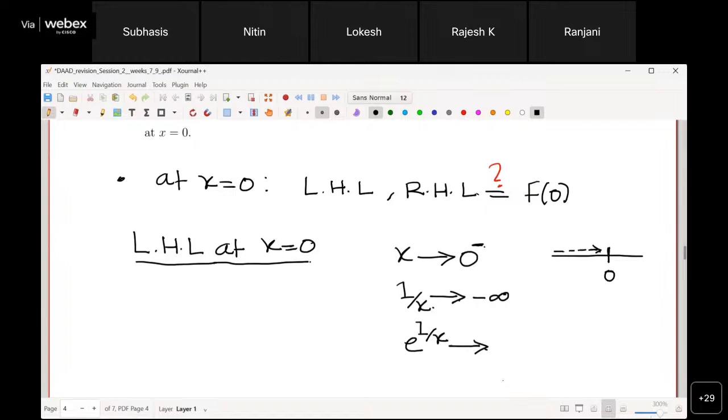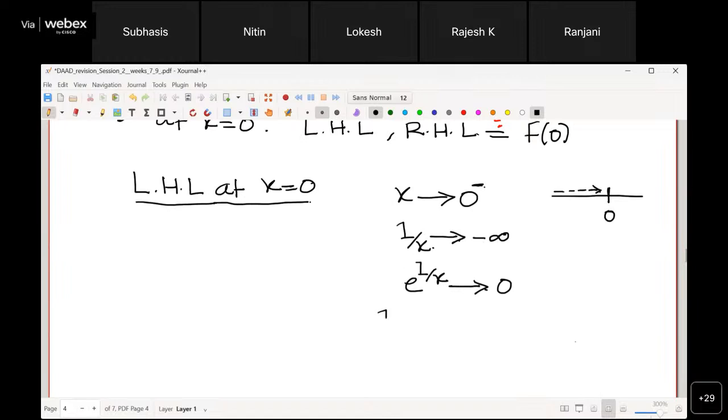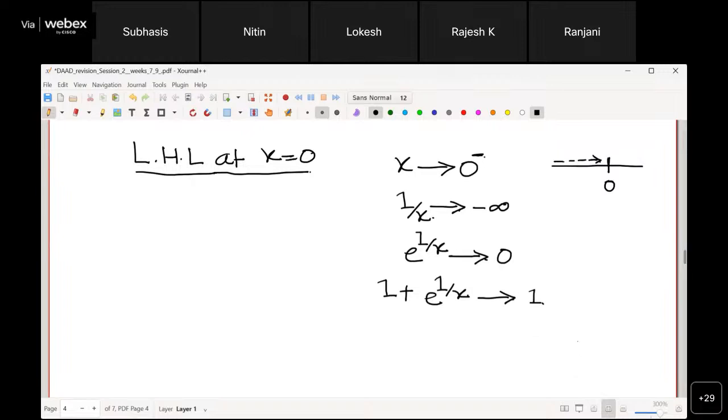0. Correct. This will go towards 0. So then 1 plus e power 1 by x will go towards 1, right? So that means 1 by 1 plus e power 1 by x will go towards 1, right?